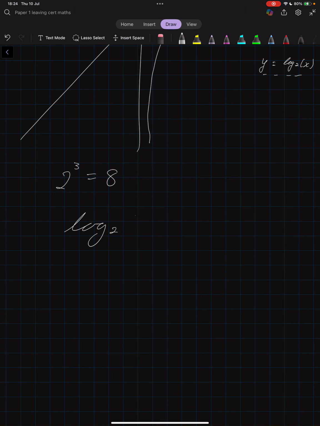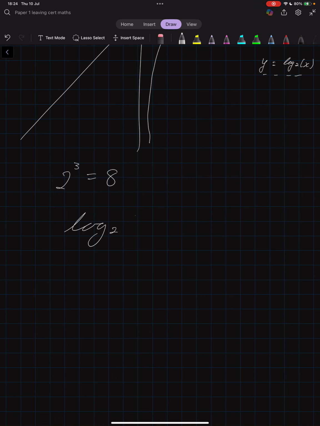And then you can plug this into your calculator, and this will become 3. So that's how you solve these type of equations, okay? That's the basic idea as to why we want logs.